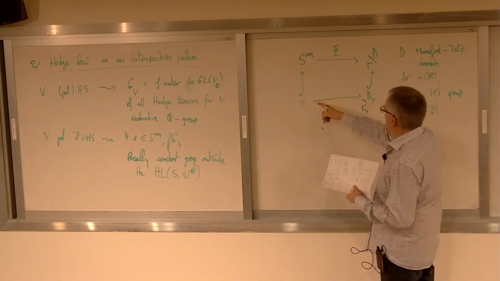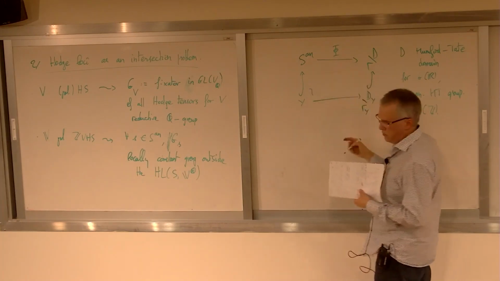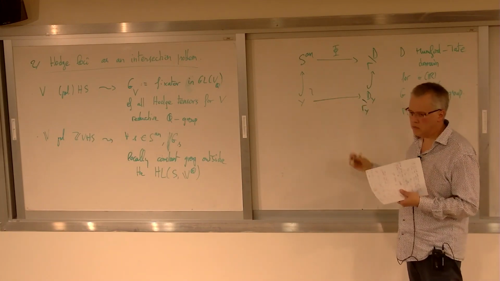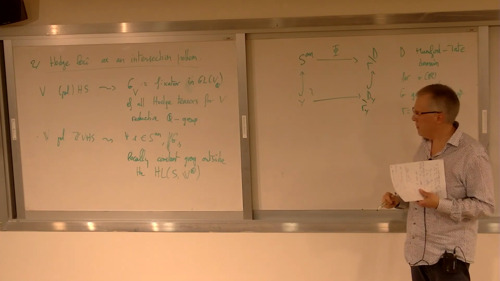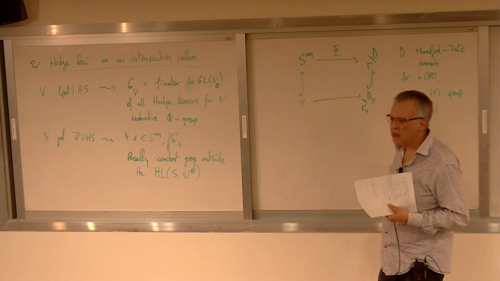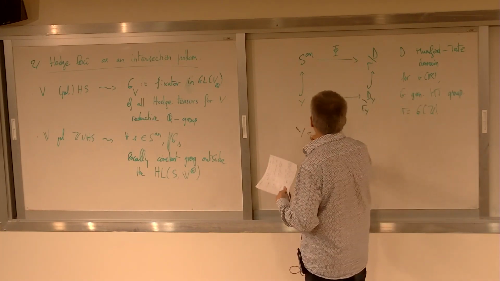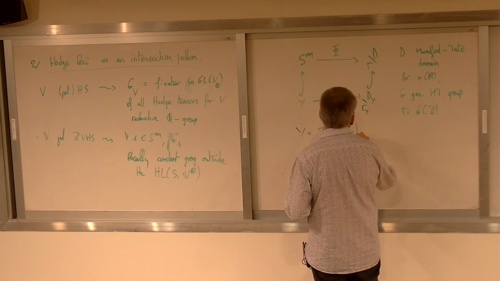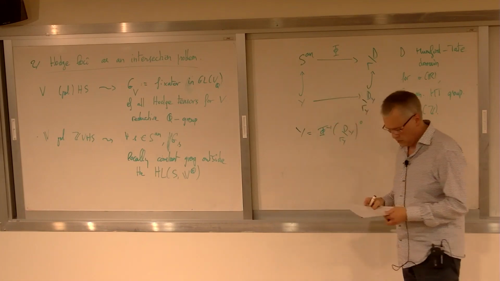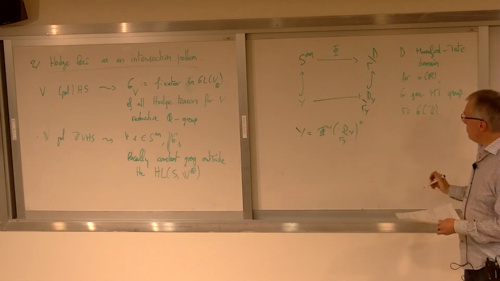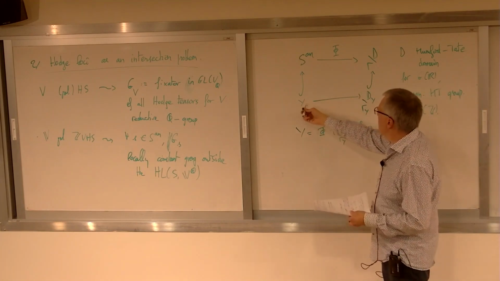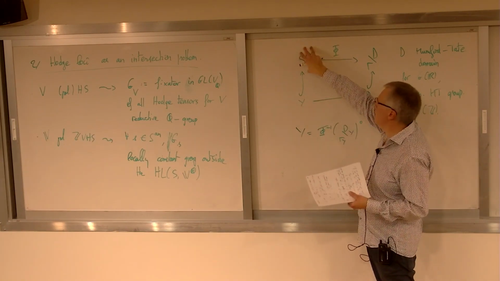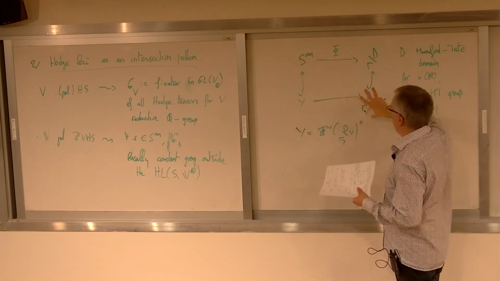Y is actually a preimage under phi; it's an irreducible analytic component of the preimage of that. So Y is phi minus 1 of D_Y modulo gamma_Y, taking some irreducible component there. Which means that to understand that is the same thing as understanding an intersection: you want to understand the intersection of the image of S under phi with D_Y modulo gamma_Y.